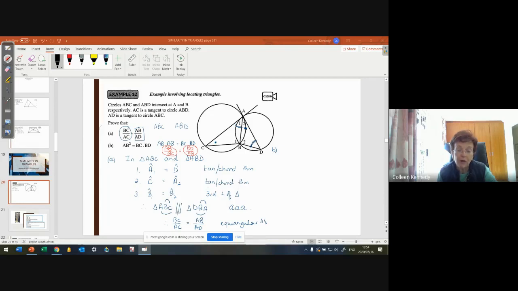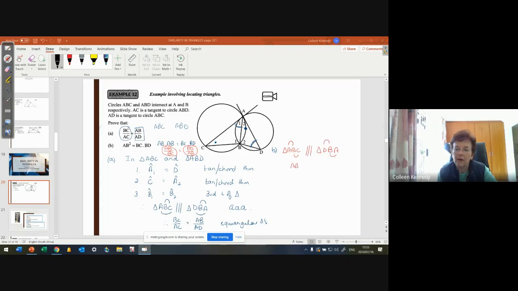Now we've got those triangles are similar. We've got that triangle ABC is similar to triangle DBA. Don't have to write it again. So now AB is a side that they share. So AB over BC, first and second with second and third, would equal DB over AB.